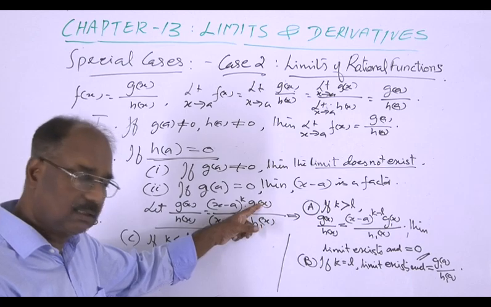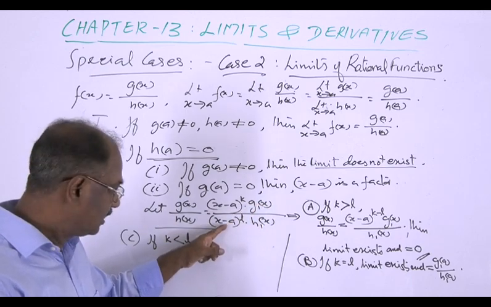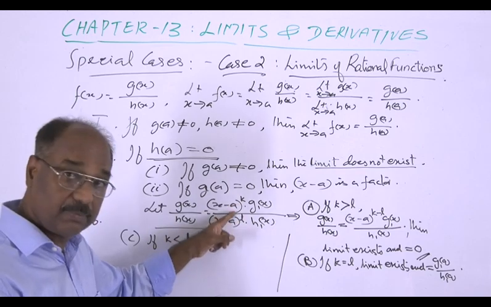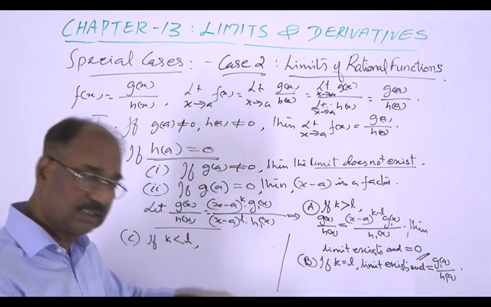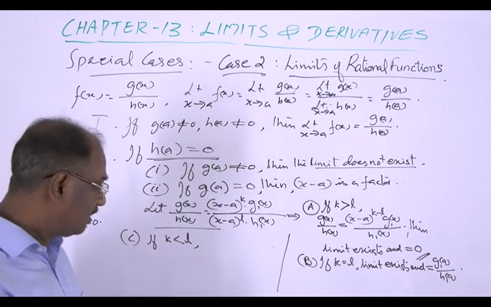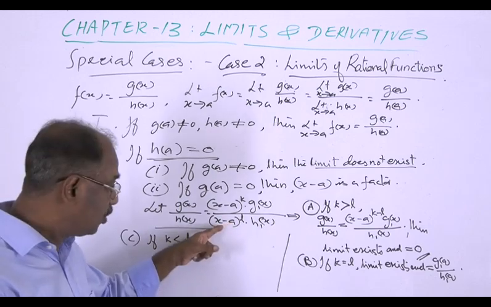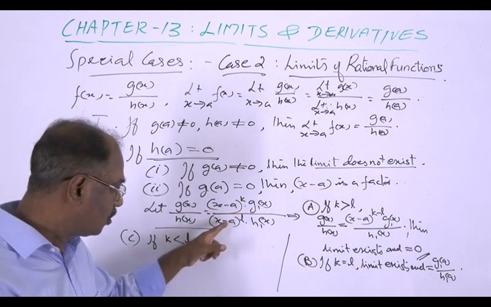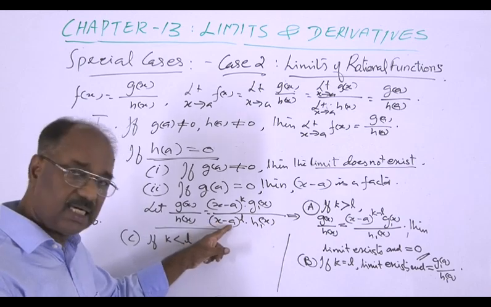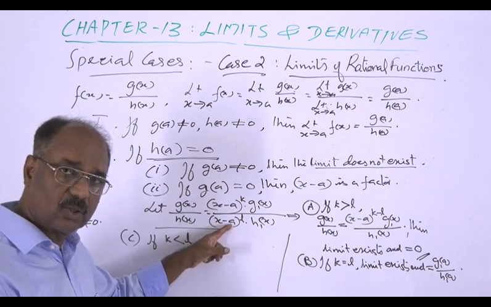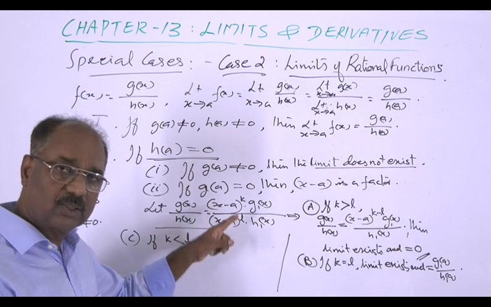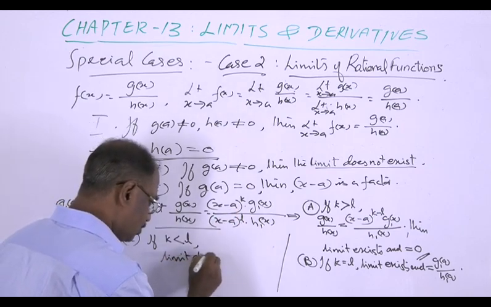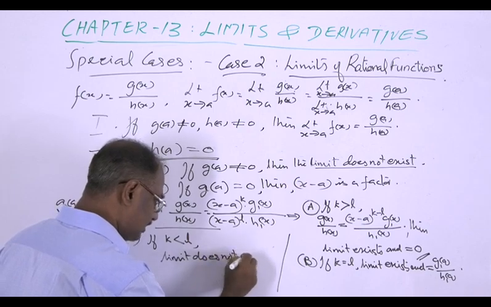Numerator g1(x), denominator x minus a to the power l minus k into h1(x). In that case, when we apply x equal to a, the denominator becomes 0 and the numerator is non-zero, since g1(a) not equal to 0. Here a minus a is 0, denominator 0, so the limit does not exist.